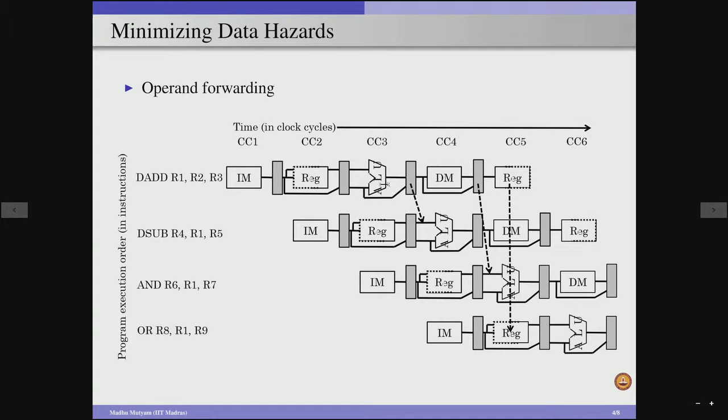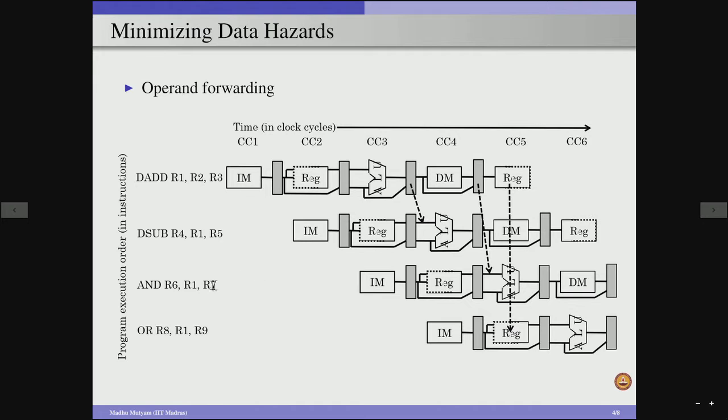So, effectively the output from the adder is forwarded to the input of the subtract functional unit. We are forwarding this operand from the previous functional unit to the next functional unit. As a result, we do not have to worry whether the read operation is performed for R1 in cycle 3 or not. Once we forward this, our subtract operation can proceed without any problem. So, the subtract operation does not require any stall.